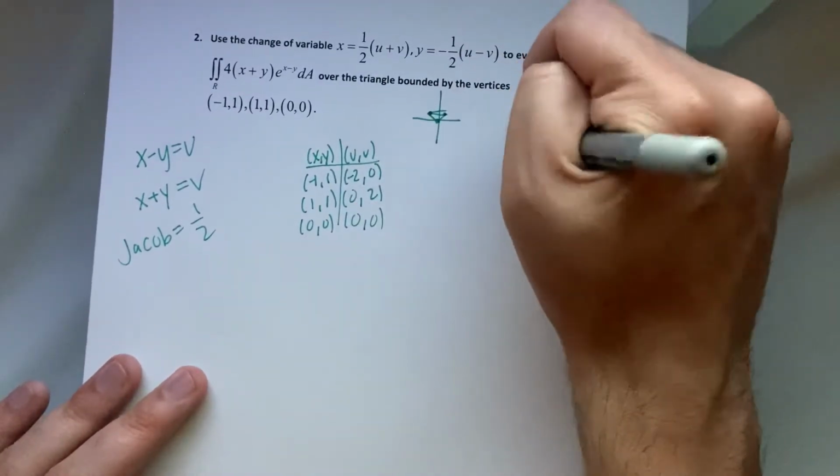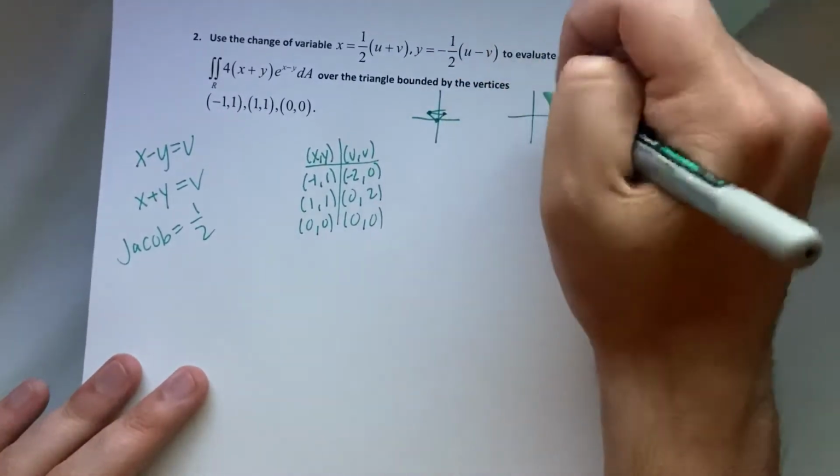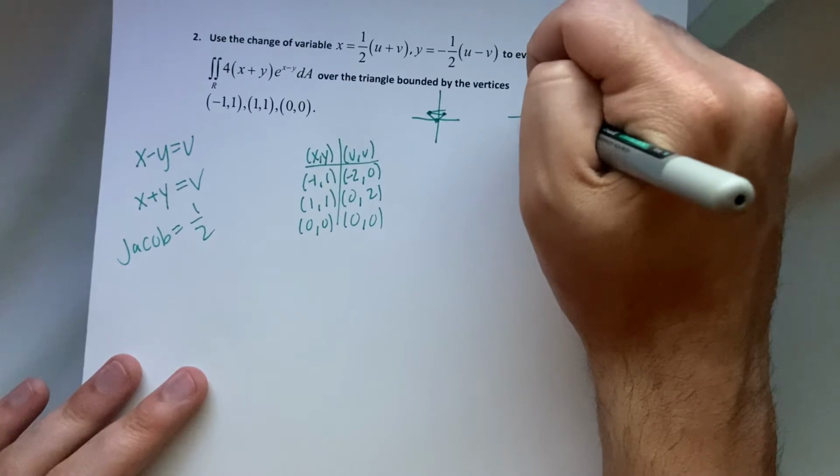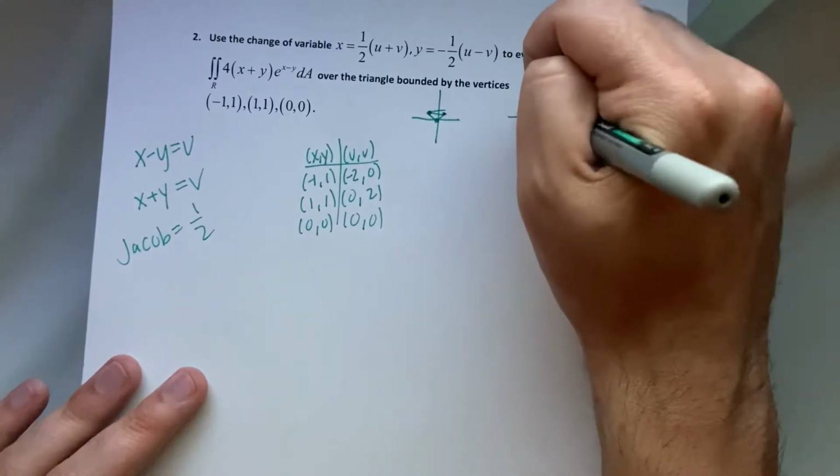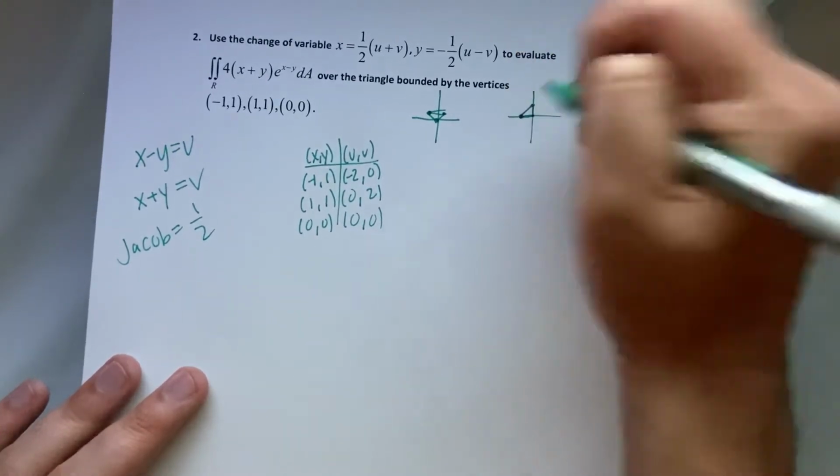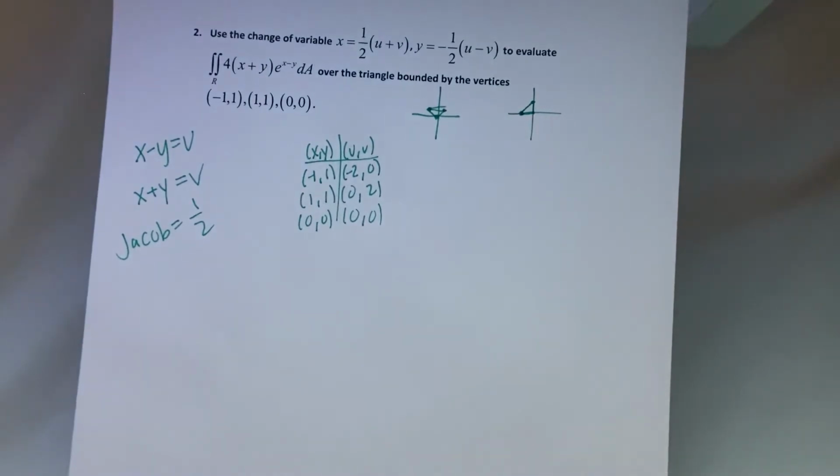It changed our triangle from this awkward downward facing one to a nice convenient one. It kind of rotated it. What does that do? It lets us have clear bounds in the x or y direction, in this case the u or v direction. Even though our integral will depend on one or the other, it's much easier to deal with this than that one.